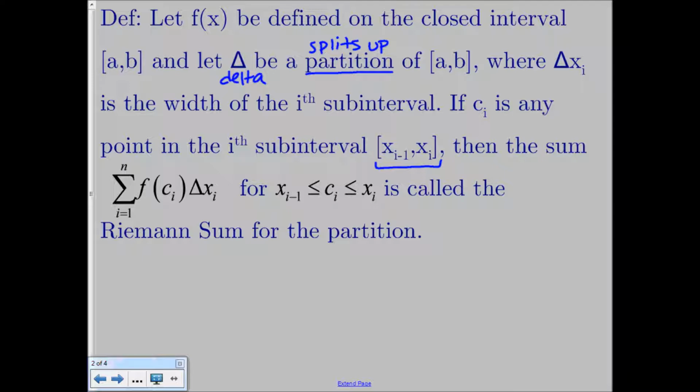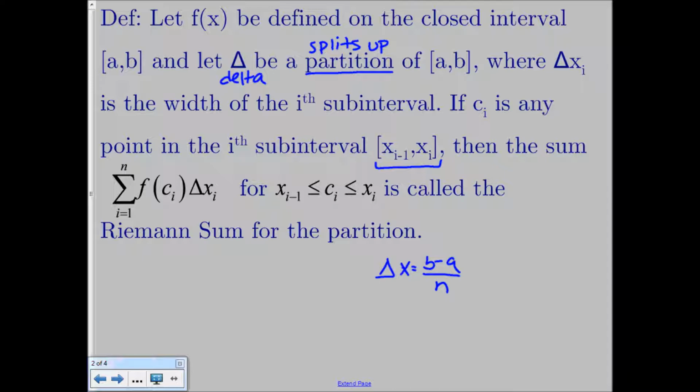Now that seems really complicated, especially because you haven't been dealing with letting delta x_i vary. But for our case, we're just going to let delta x be the same thing that we've always let it be. We're still going to let delta x be b minus a over n. But this is just talking about different types of sums that you could have.